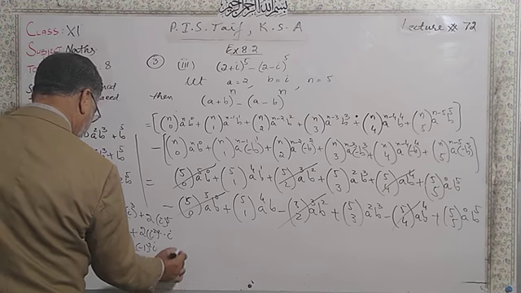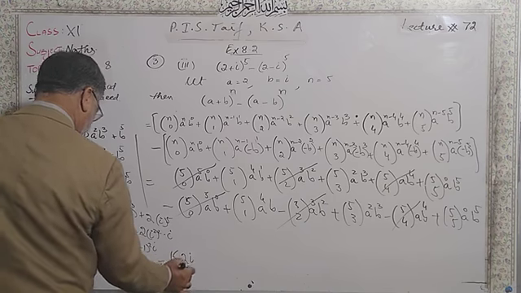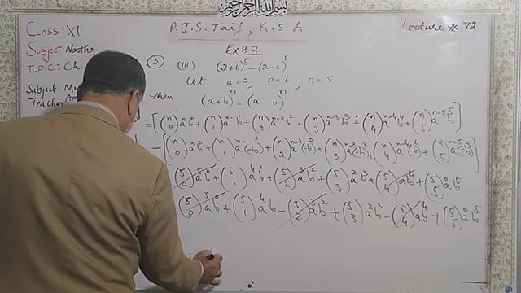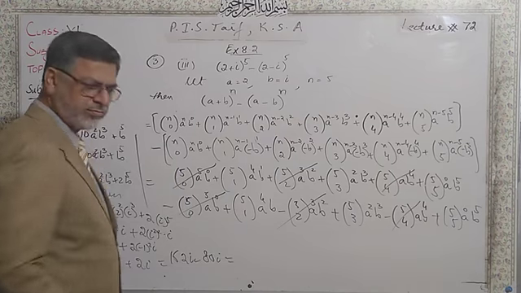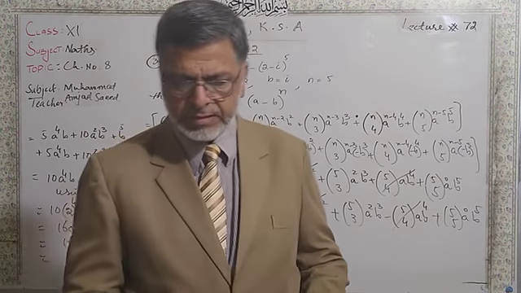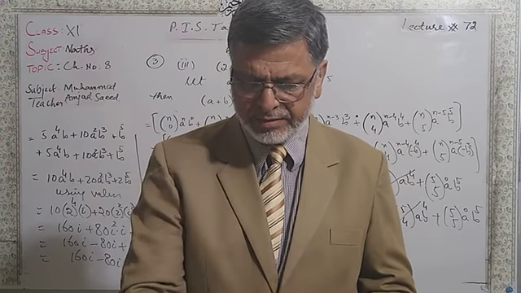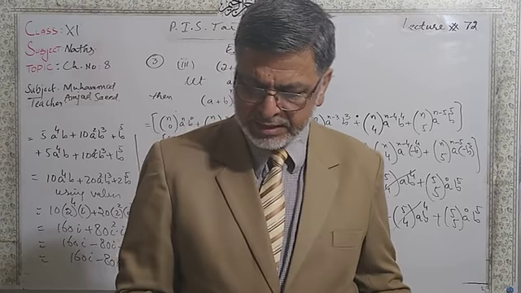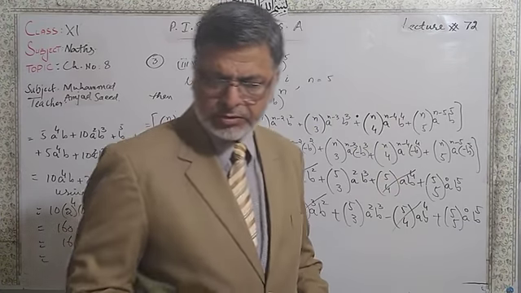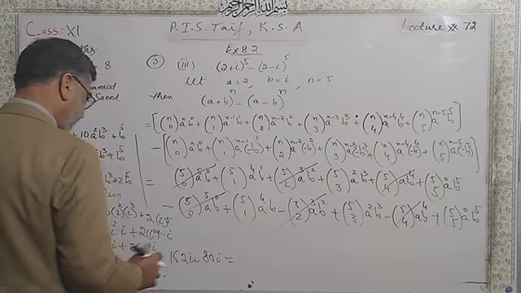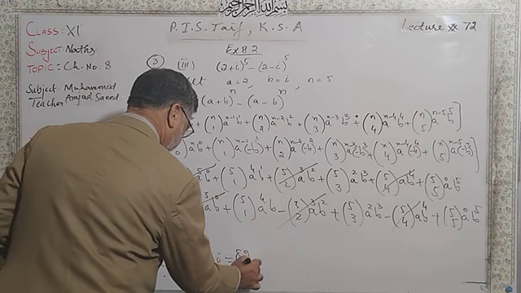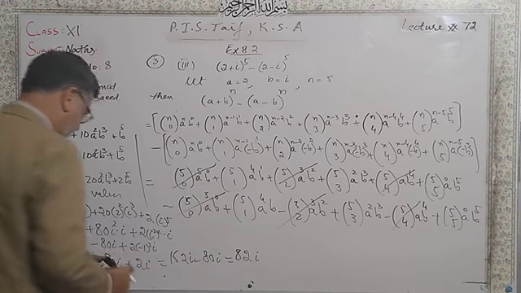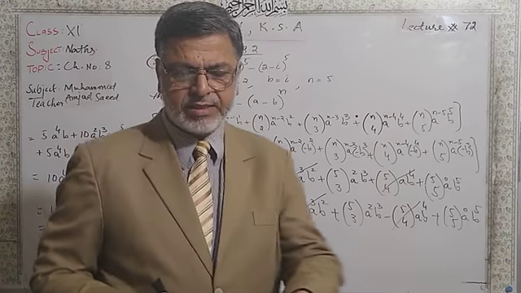Here we can have 162 iota minus 80 iota, it will be 82 iota. This is our answer.